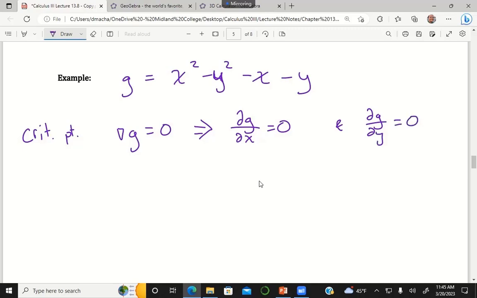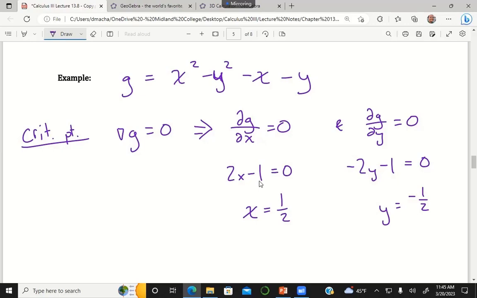The partial of g with respect to x would be 2x minus 1, and the partial of g with respect to y would be minus 2y minus 1. That means the x-coordinate has to be 1/2, and the y-coordinate has to be negative 1/2. So I know that I have a critical point of this function at the coordinate pair 1/2 comma negative 1/2.